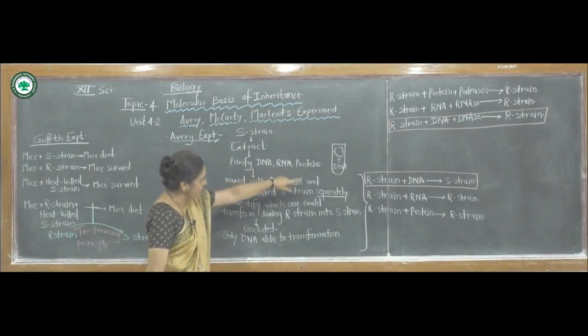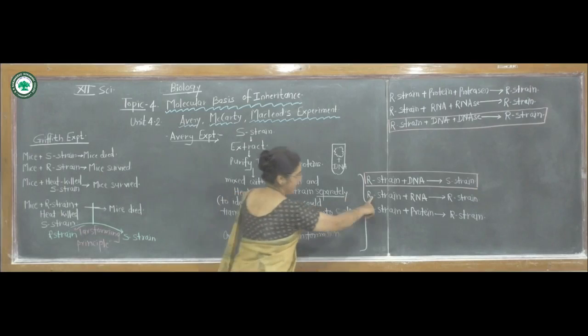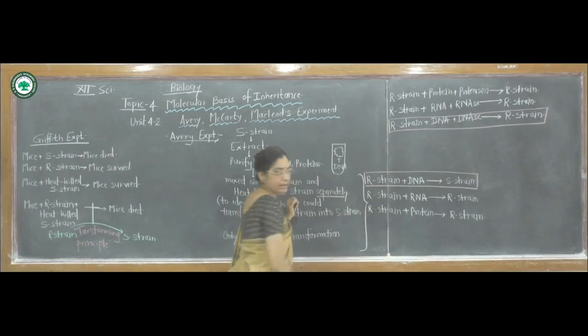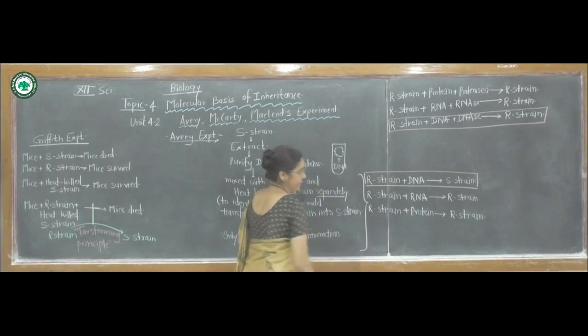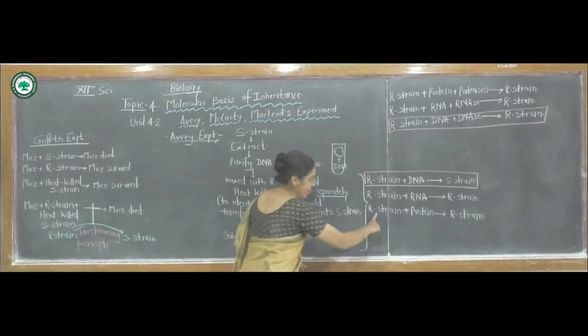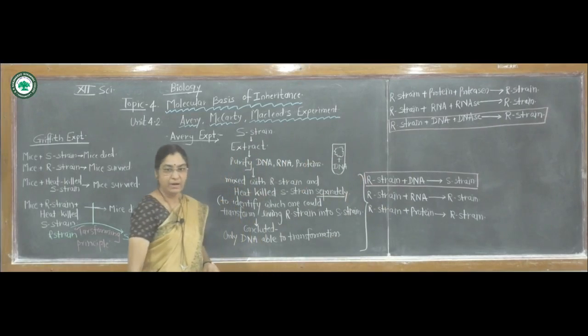Then in another test tube, R strain bacteria and RNA, where the RNA gets added. Again separately, in R strain bacteria the proteins get added, like this.